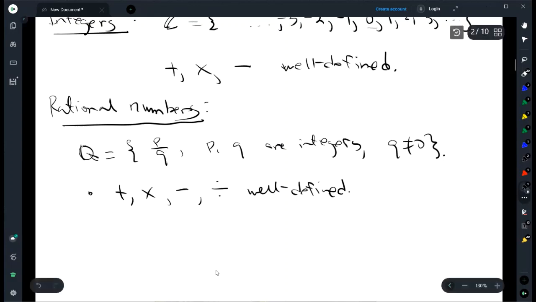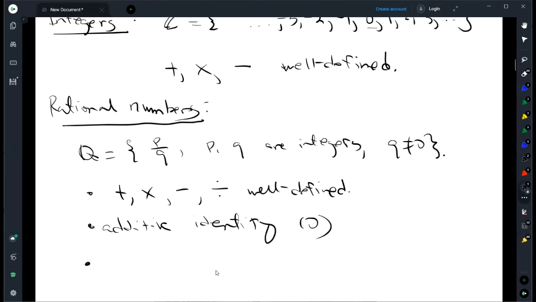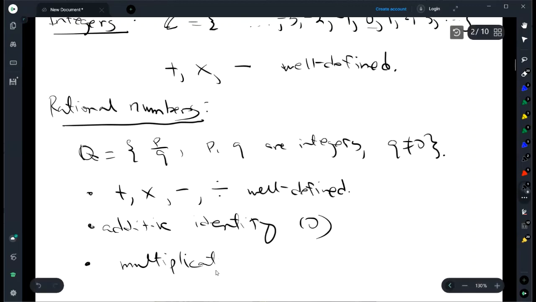Not only that, in the set of rational numbers, we also have an additive identity, which is 0, which is also in the set of integers. And we also guarantee the existence of a multiplicative identity.